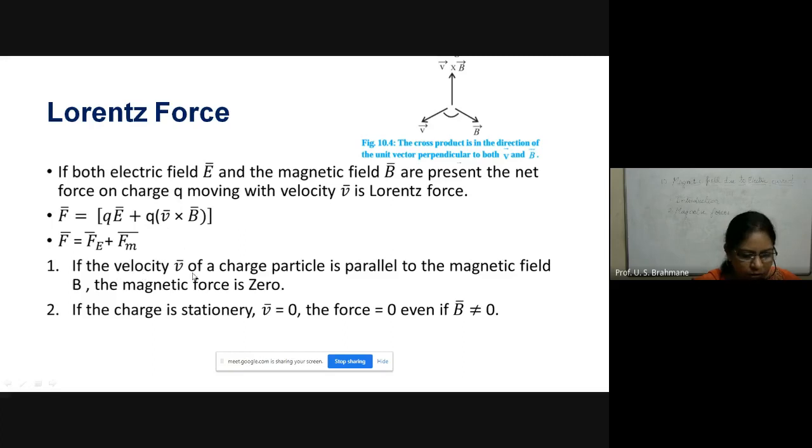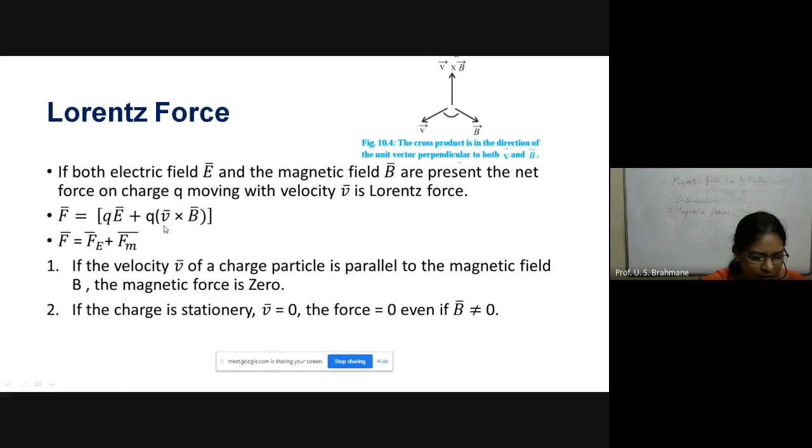We'll now see two cases when this term Fm is equal to 0. Here v cross B is given by this figure. See, v is represented here in this way. The cross product is in the direction of the unit vector perpendicular to both v and B vector. If the velocity v of a charged particle is parallel to the magnetic field B, the magnetic force is 0.